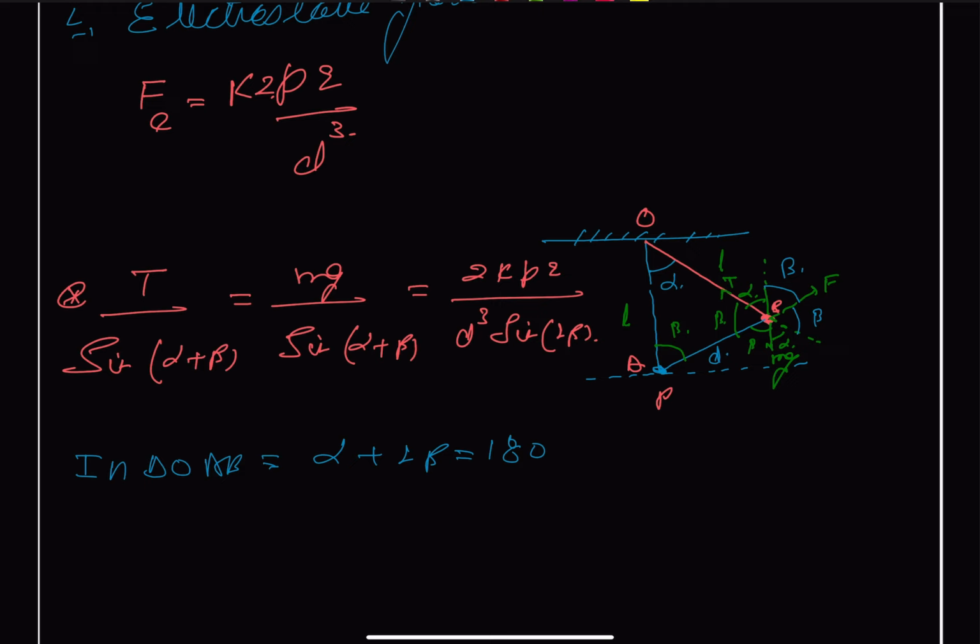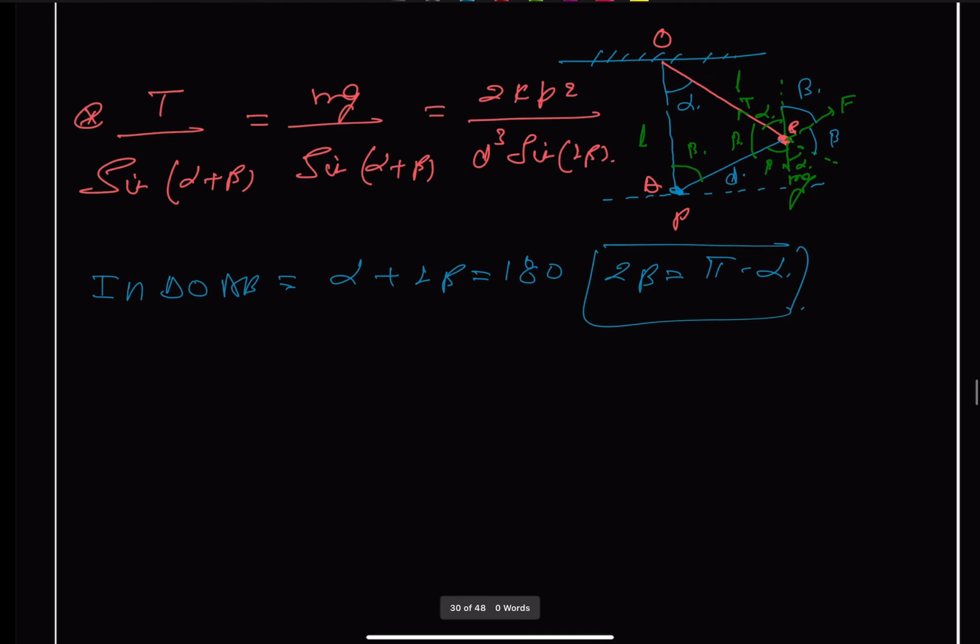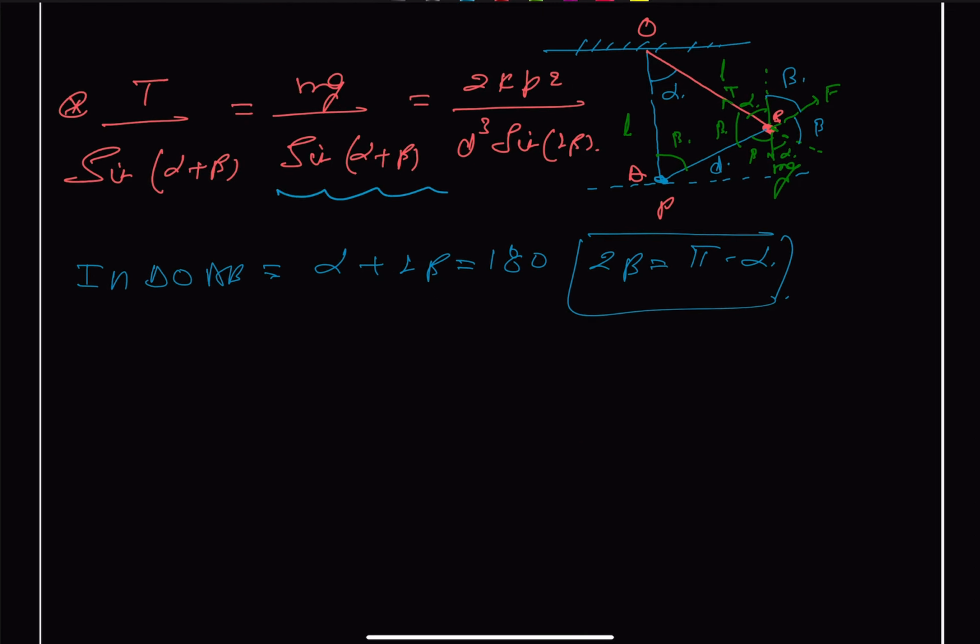So we can write that twice beta is equal to pi minus alpha, and beta. Okay, so we are going to consider these two parts and try to solve it.